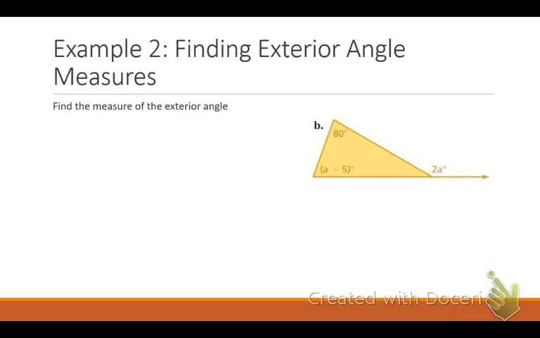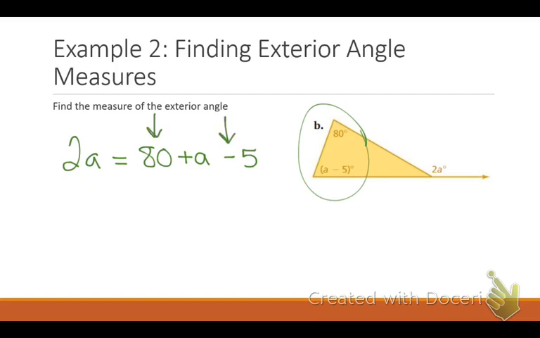That means that's my equation: 2A equals 80 plus A minus 5. See what I did there? I'm adding together the top angle and the bottom angle, and I'm saying that this sum is equal to the exterior angle. And now I'm going to solve the equation.